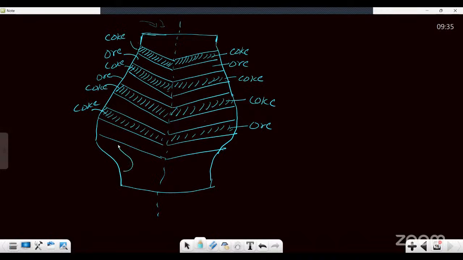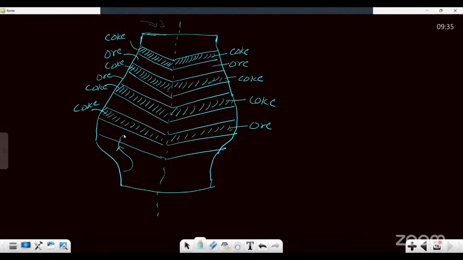This gas has reduced the ore layer. This is the ore layer. The gas has already reduced the ore. Suppose, let us take an example, Fe2O3 has got reduced to Fe3O4, Fe3O4 has got reduced to FeO, and FeO has got reduced to Fe. Now, in the process, as the gas has already done that reduction work, the reducing power of the gas has decreased quite a bit, right?